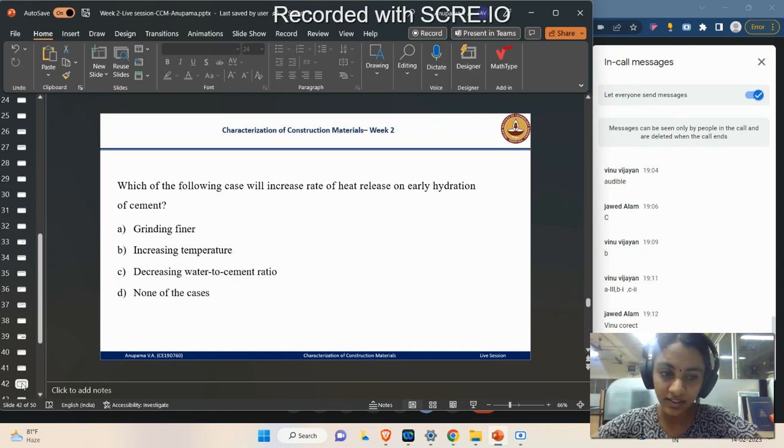Which of the following case or cases will increase the rate of heat release on early hydration of cement? Increasing the fineness by grinding it finer and finer, increasing the temperature, or decreasing the water to cement ratio.